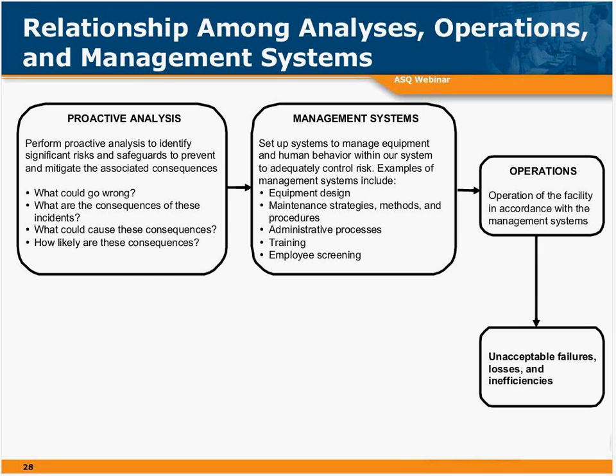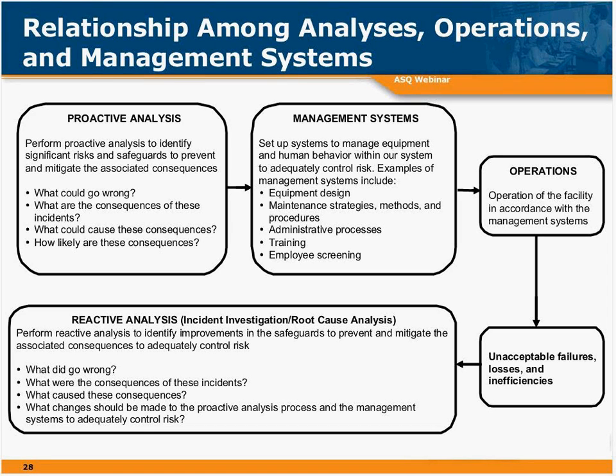Regardless of how well we operate, we're going to have unacceptable failures and inefficiencies. That is part of the human condition. So as a result of that, we have reactive analysis. We do an investigation. We do our root cause analysis.